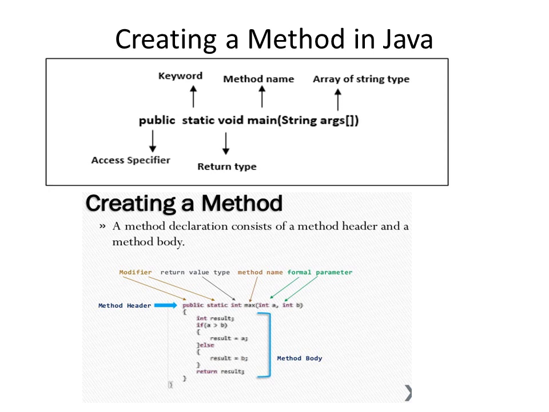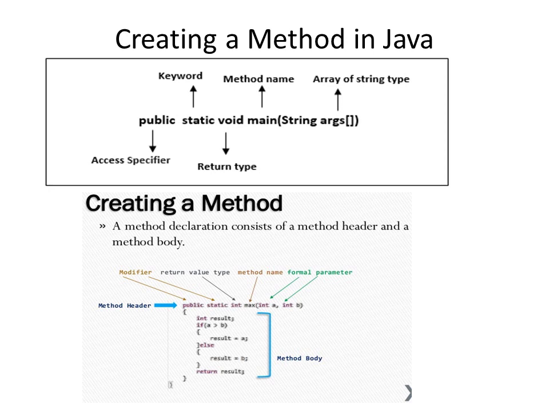And String args followed by square brackets is the array of string type, and arrays we will also study in the upcoming lectures of Java. Next, you can take another example of methods. See here, public static int max.